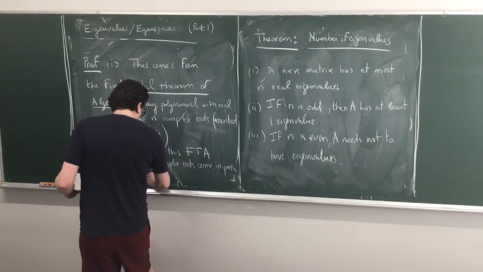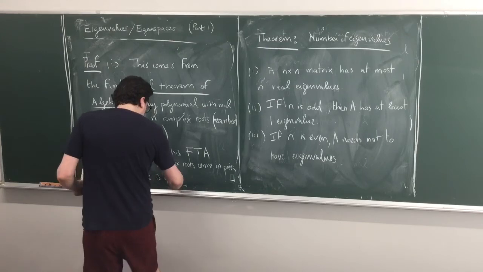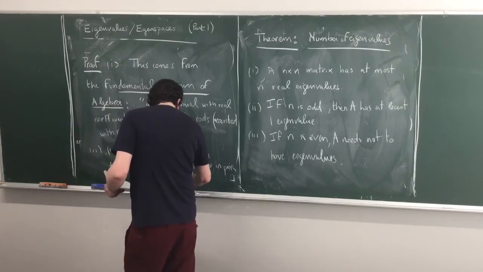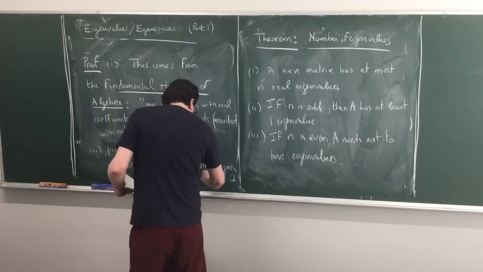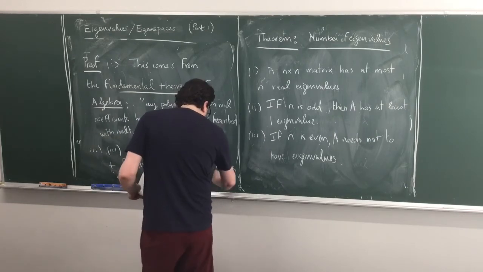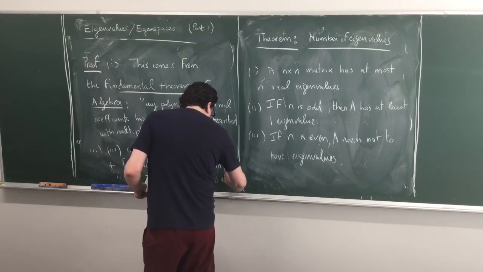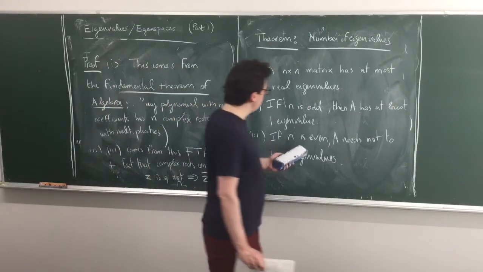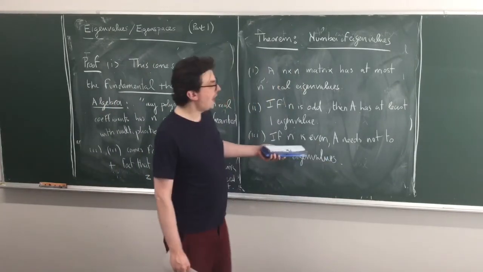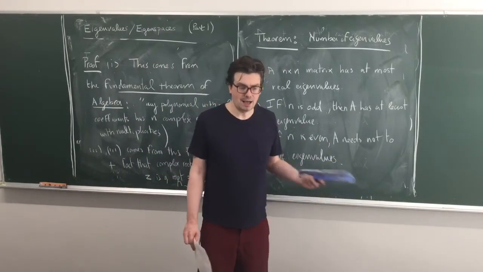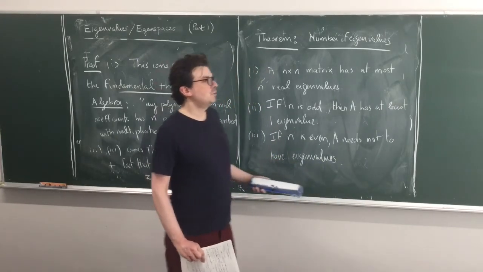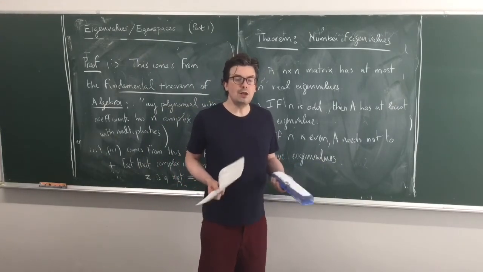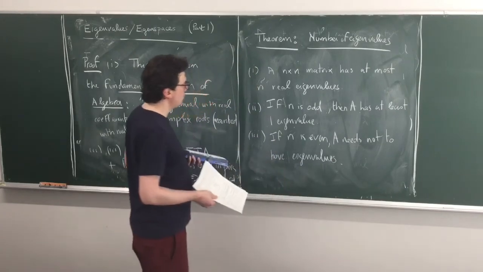So if z is a root, then the conjugate z bar is also a root. Okay, so for example, if n is even, you can have i and minus i as roots, but therefore you will have no real number that makes this polynomial equal to 0.